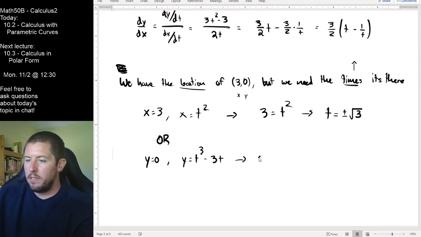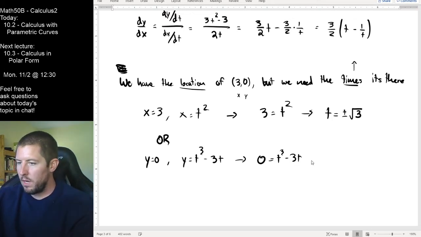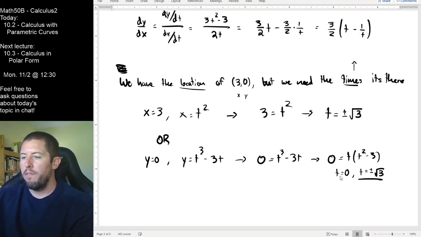And that would tell me that 0 equals t cubed minus 3t, which is 0 equals t times (t squared minus 3). This gives t equals 0 or t equals plus or minus root 3, which is just what we got before. What we'll find is that when we plug in time 0, that does not give us the appropriate x value. t equals 0 disagrees with x.